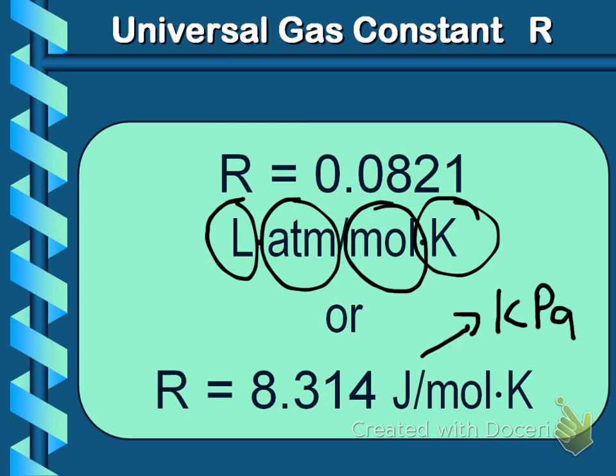If we get everything into atmospheres, then we can always just use this value for R, which is 0.0821. This is a number I'd like you to memorize. However, I believe on the tests it'll actually give you the universal gas constant. If you start working these problems and keep track of your units, you'll see that all those units cancel.